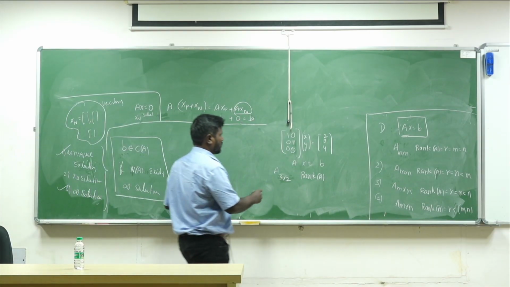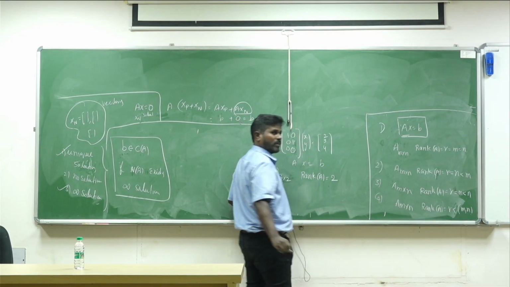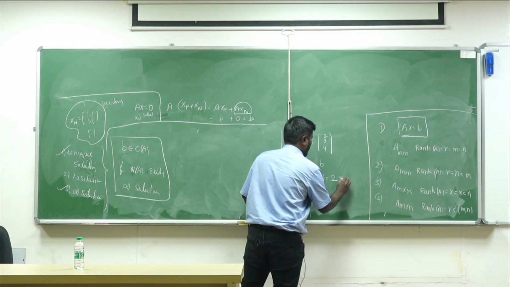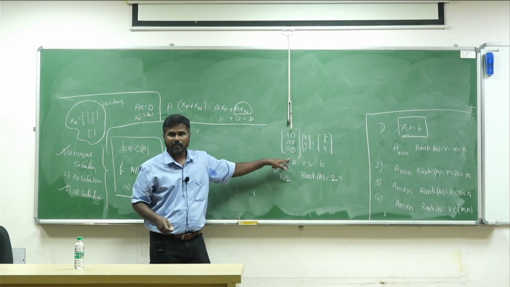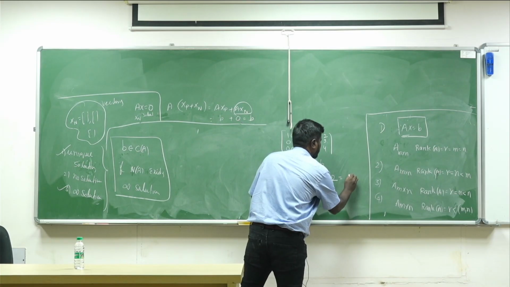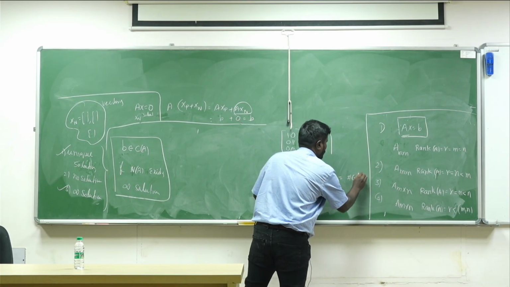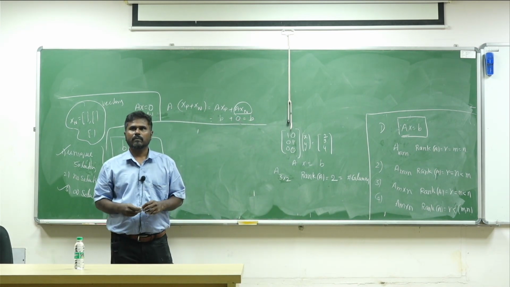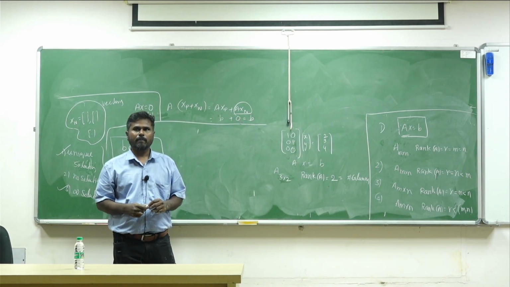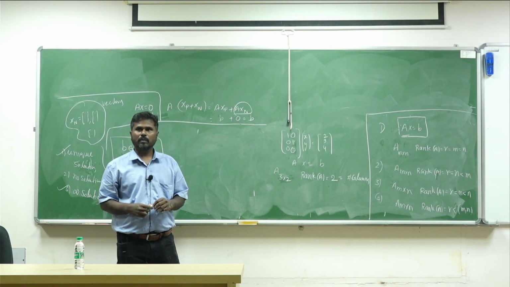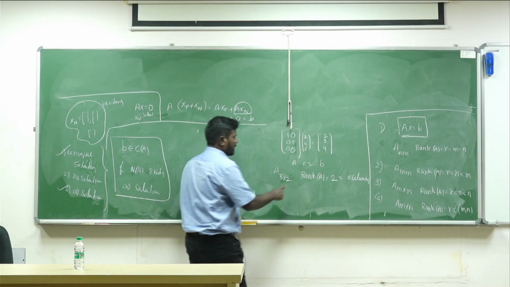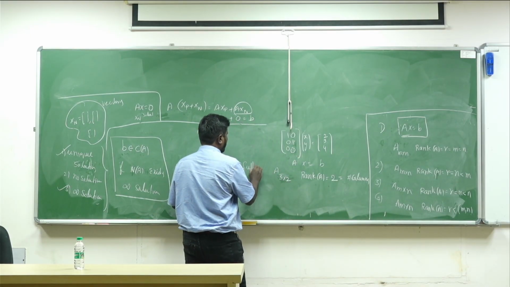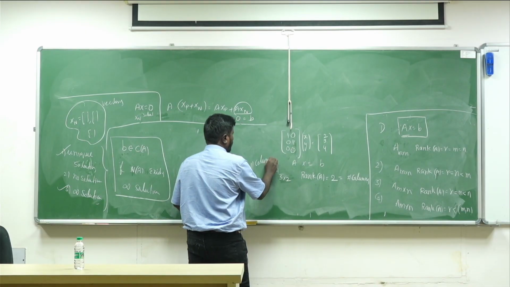The rank of A is 2, which is equivalent to the number of columns. If this is the scenario, then this is called the full column rank.